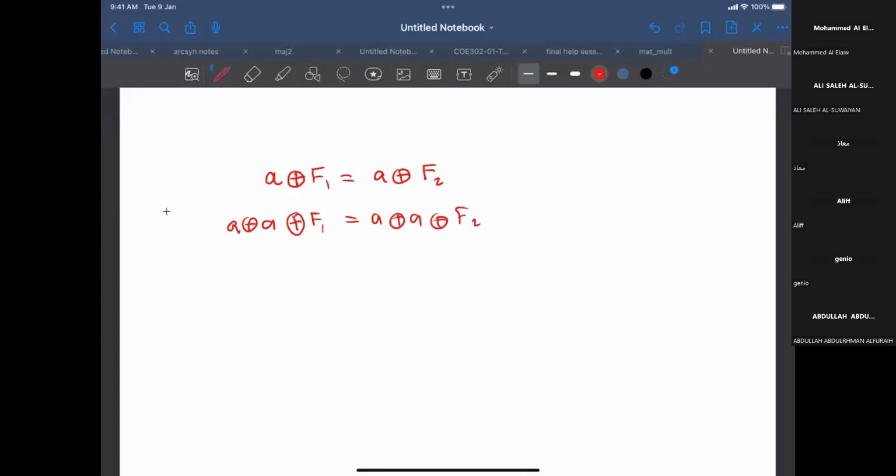All right, and then these A's will cancel because the value is 0 here, and 0 XORed with anything is the same thing. So you get F1 equals F2, and this was the conclusion of the if statement in the question. The question says if this is the case, then F1 equals F2.